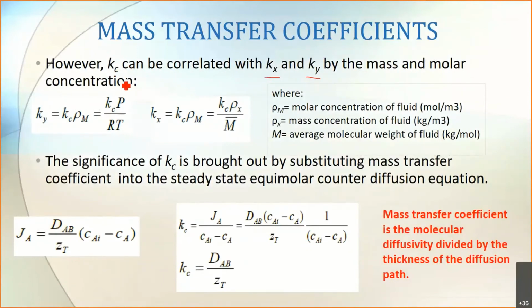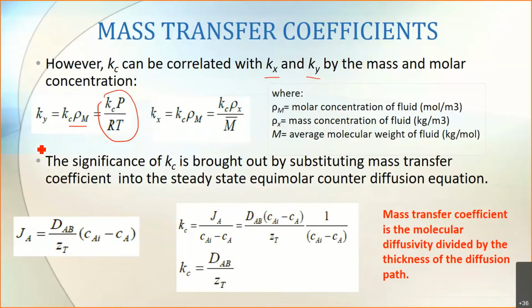So if you have the value of Kc, you can actually find the value of Kx and Ky by using either the molar concentration, the mass concentration, our rho m here, or you can also use our PV equal to nRT for our gas phase, right? And then we can also use this, your average molecular weight of the fluid. So there is a relationship between Kc and Ky and Kc and Kx.